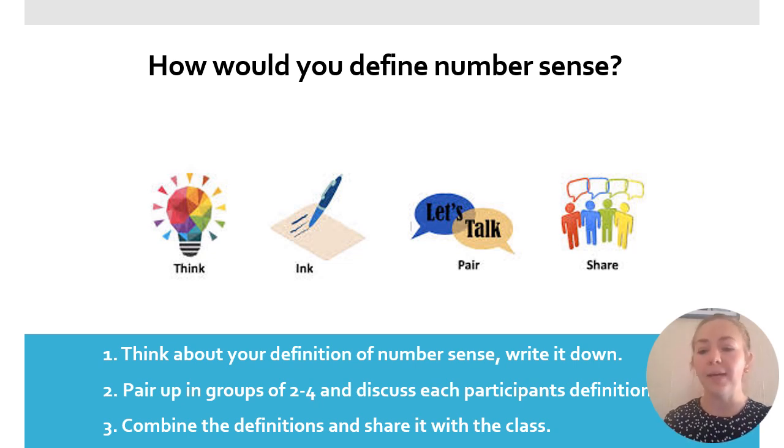So just think back to last year and just in general what you know about number sense. How would you define it? For this activity's purpose, you can just think about your definition, or you can pause the video and write your definition down, and then you can compare it to what I have written about the definition.